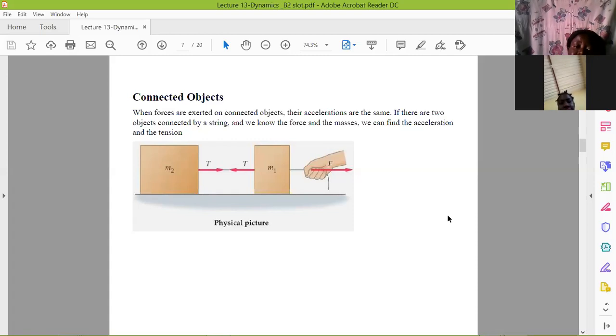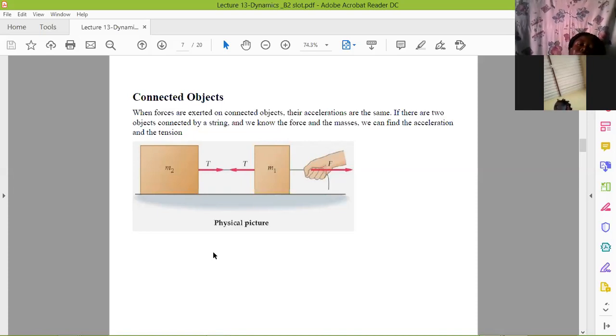But at the same time, since the rope connects mass 2 and mass 1, mass 1 has the tension in the rope directed towards the direction of your rope. The one that you see here, ignore this one. Here is the force that you are applying to pull with.